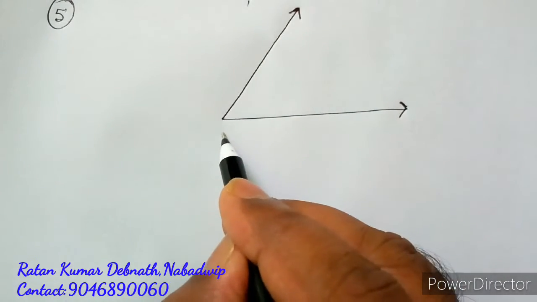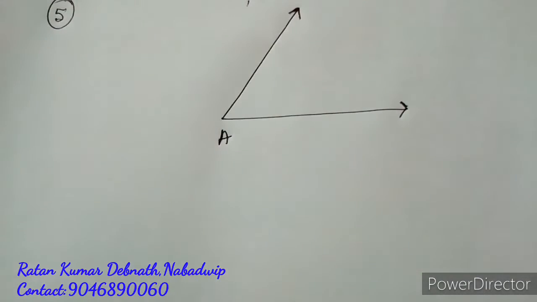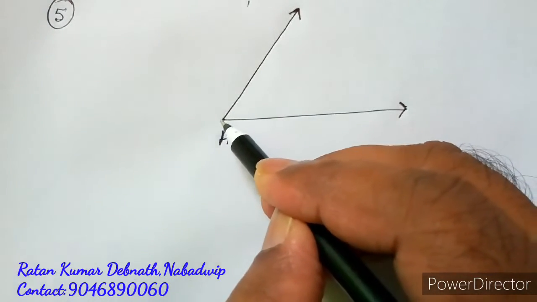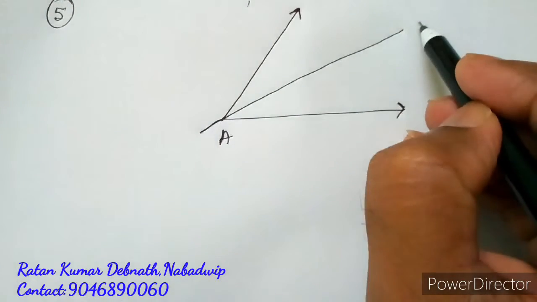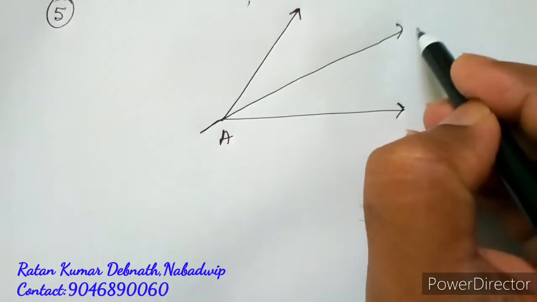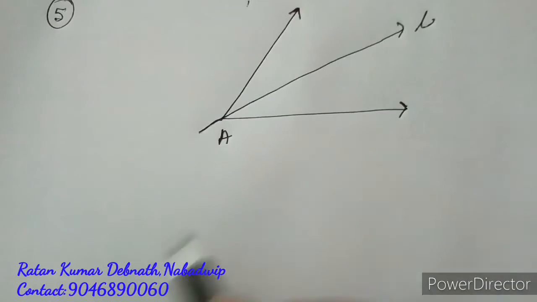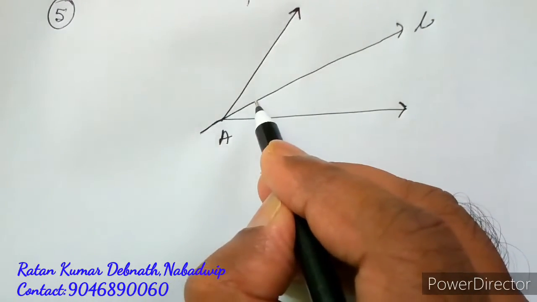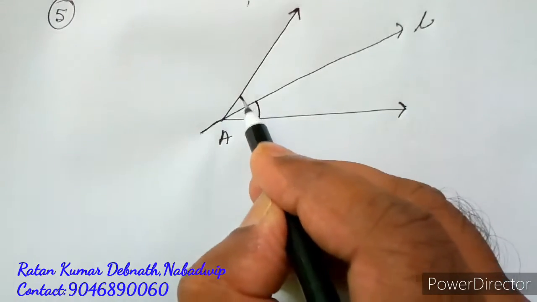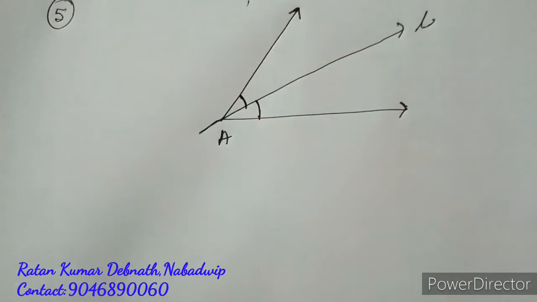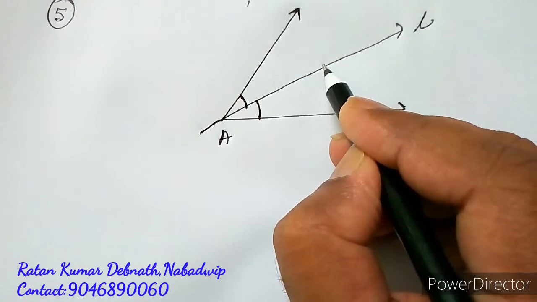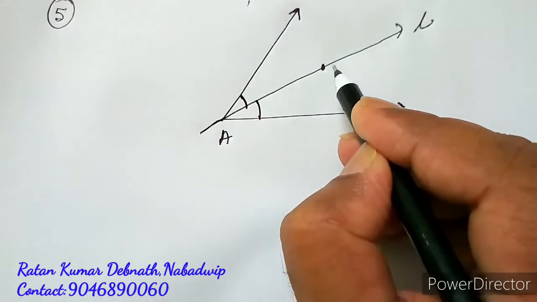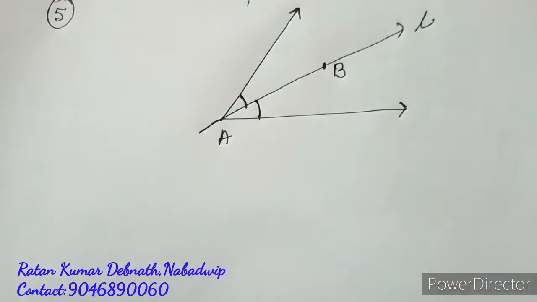This is angle A. Line L bisects angle A. That means this angle equal to this angle. Let us take another point B here.